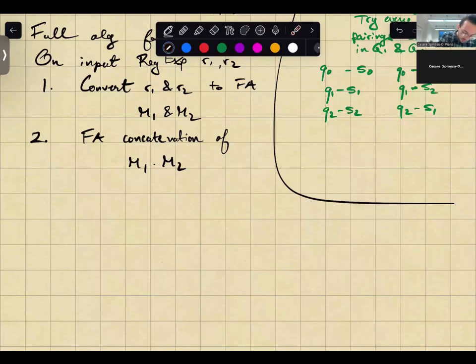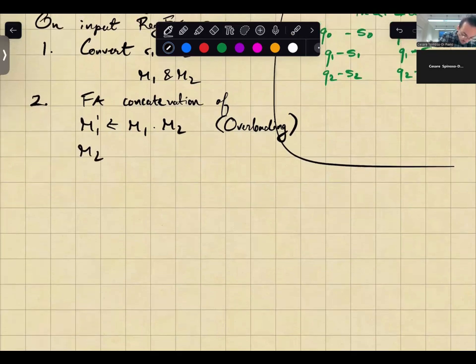And I'm going to assign this to M1 prime. So this is overloading notation. Sorry about that, but this is CS, and so that's what we do. Then M2 prime, that's going to be for M2 M1. Now these are definitely NFAs because they have epsilon transitions.